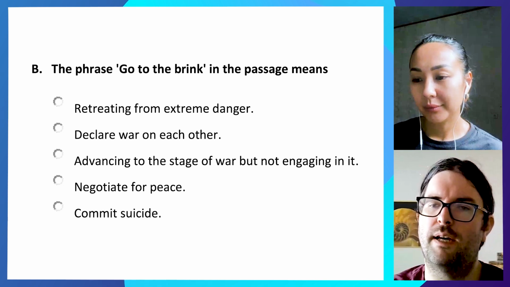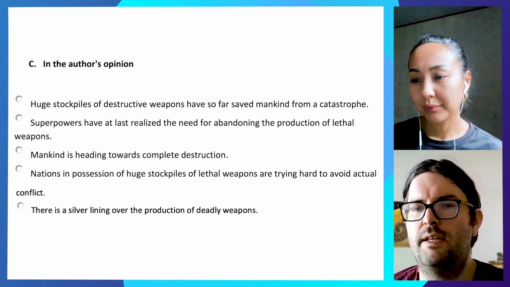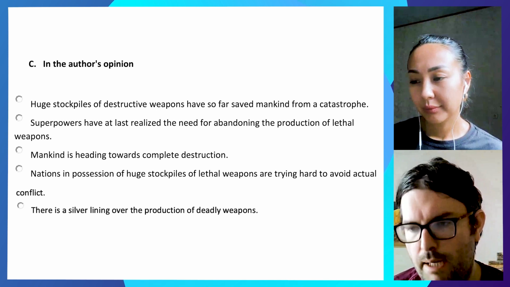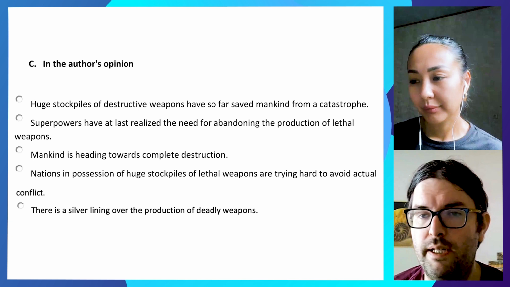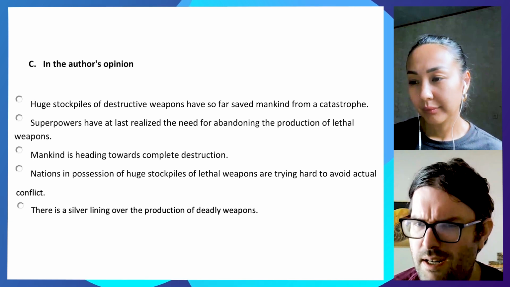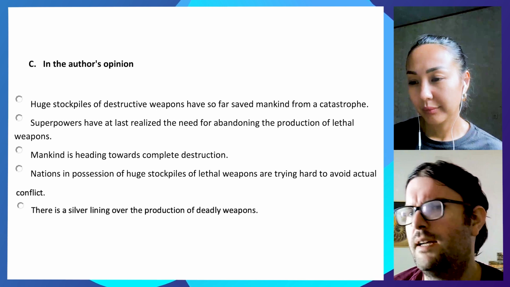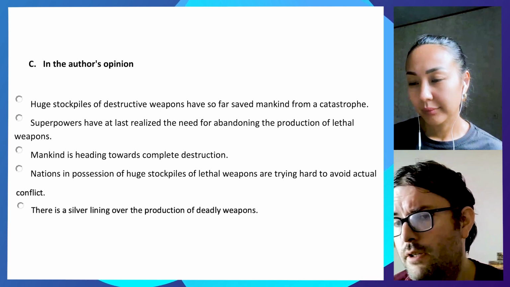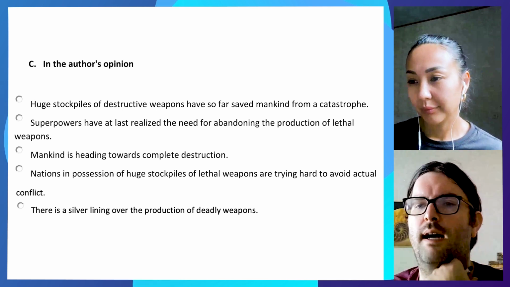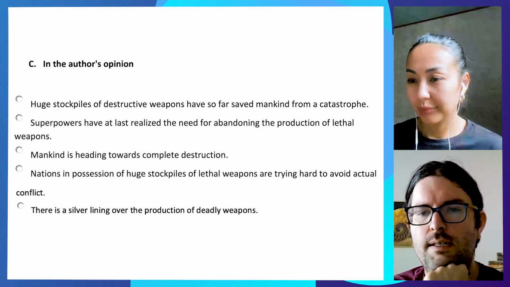Yeah, before that happens. In the author's opinion, huge stockpiles of destructive weapons have so far saved mankind from a catastrophe. Superpowers have at last realized the need for abandoning the production of lethal weapons. Mankind is heading towards complete destruction. Nations in possession of huge stockpiles of lethal weapons are trying hard to avoid actual conflict.